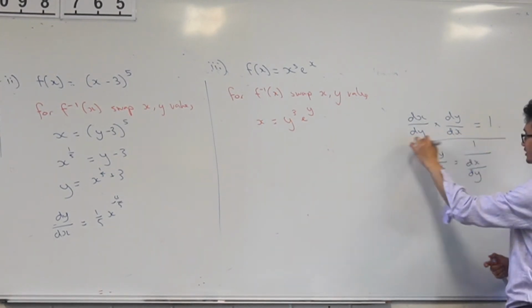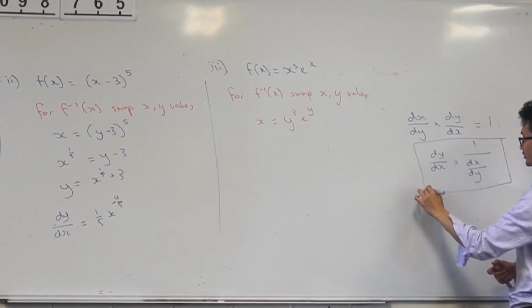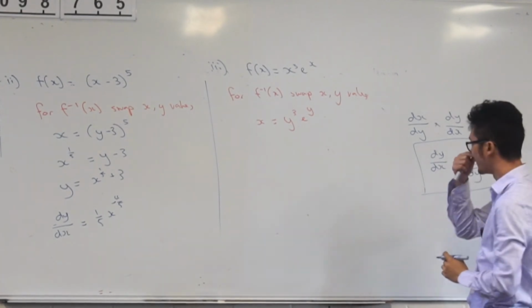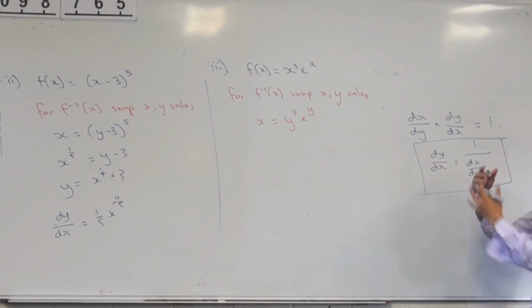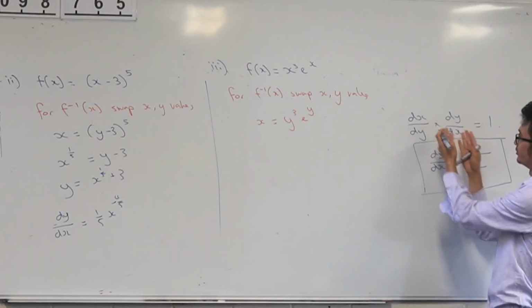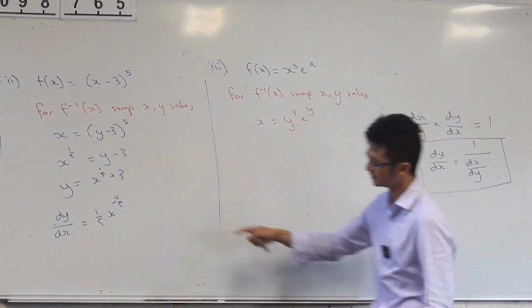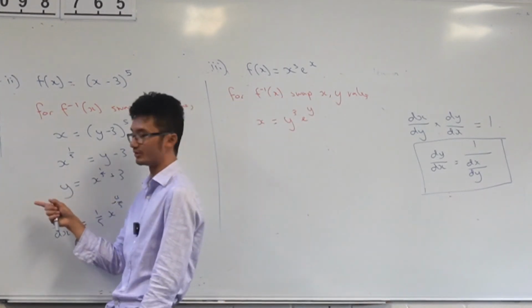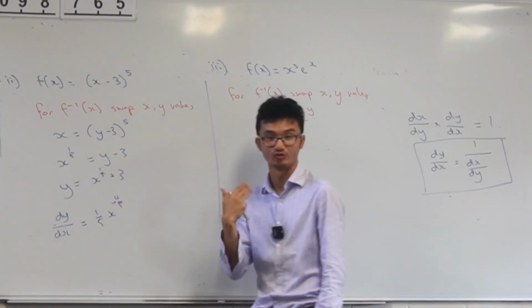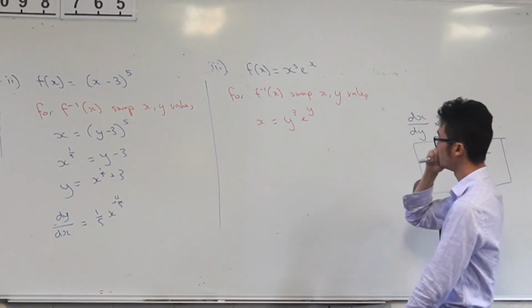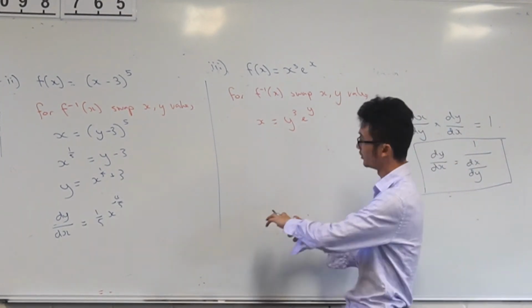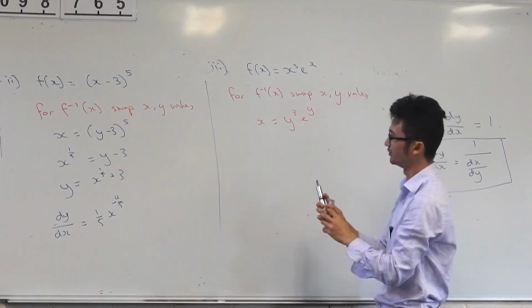Okay, so why does this little algebraic trick help us? Because what it allows us to do is, what does dx/dy actually mean? Well, to think about that, go back to what dy/dx actually means. What dy/dx is, you're taking something with y as a subject and differentiating with respect to x. And in the same way here, if I want to find dx/dy, I've got x as a subject, I've got y's over here.